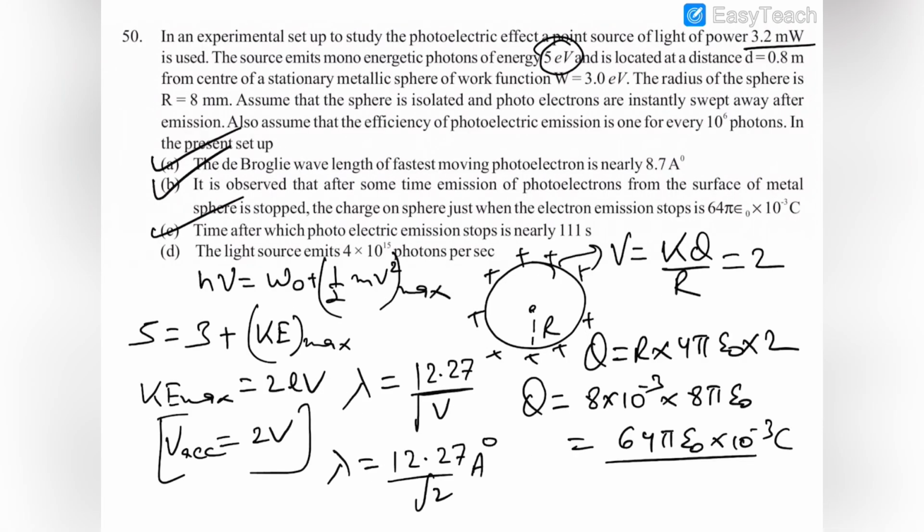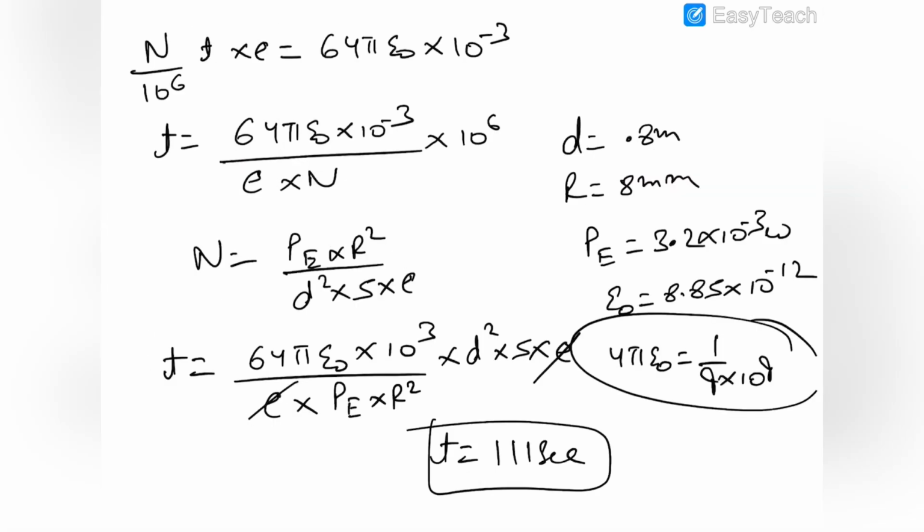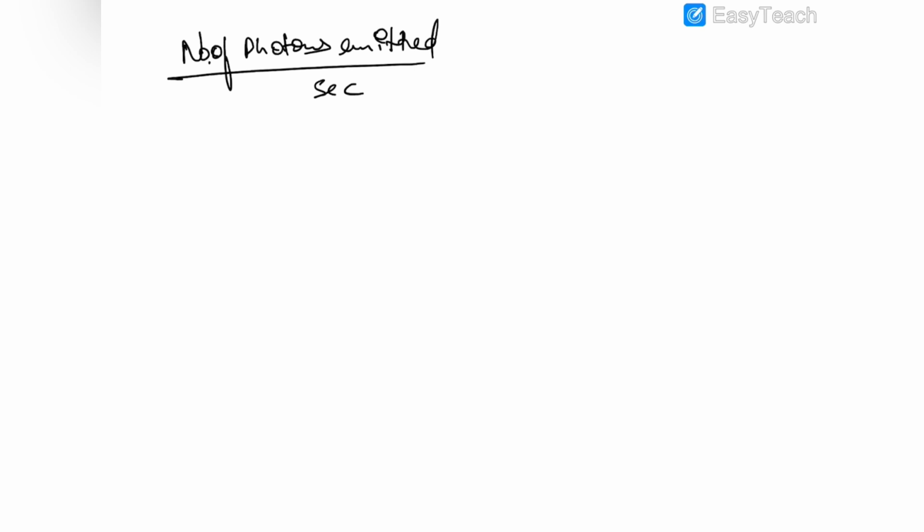Now option number D, which says that the light source emits nearly 4 into 10 raised to power 15 photons per second. The number of photons emitted per second will be equal to the power emitted divided by the energy of one photon.